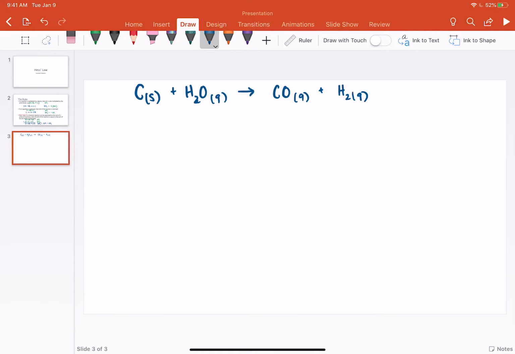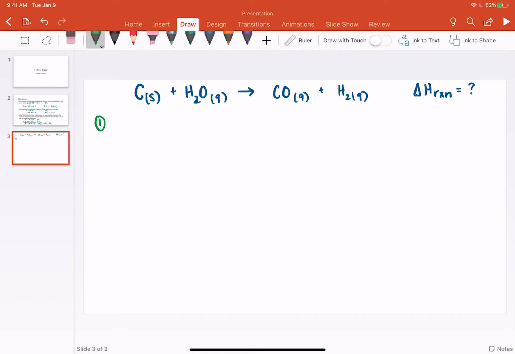And let's say that we want to figure out what our delta H of this reaction is. So we don't know that value, but there are some other reactions that we do know. And from the point of view of a student who's actually working through these problems, these other reactions would be given to you either in a table or in the appendix of a textbook, something along those lines.